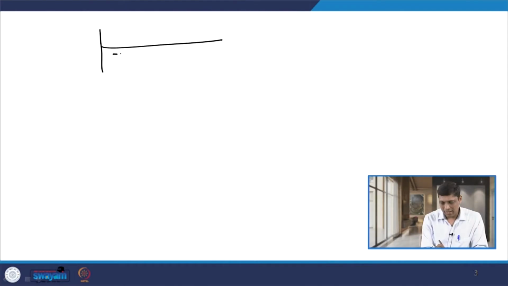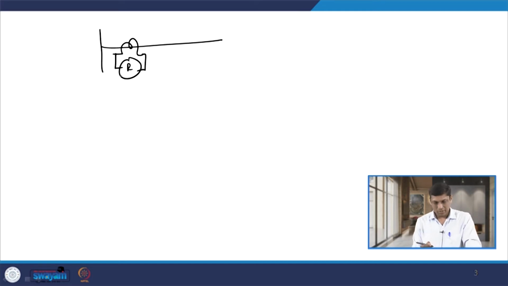In this example, as I told you, the relay R is connected across the secondary of the CT. This relay is an IDMT overcurrent relay. The CT ratio given is 100 by 1, and the fault is going to occur here, and there are two cases.